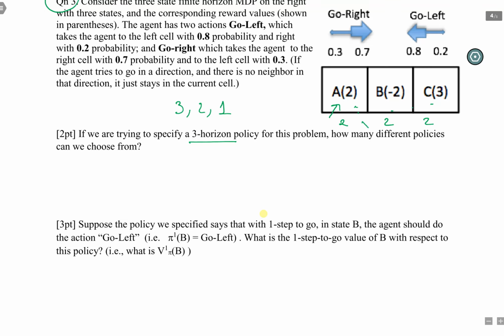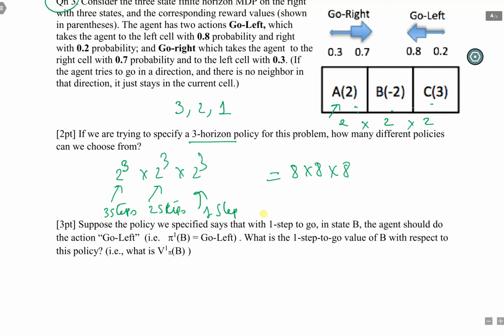Since in the worst case they can all be independent, the number of possible policies would be 2 cubed for 3 steps to go, times 2 cubed for 2 steps to go, times 2 cubed for 1 step to go, which is essentially 8 times 8 times 8.